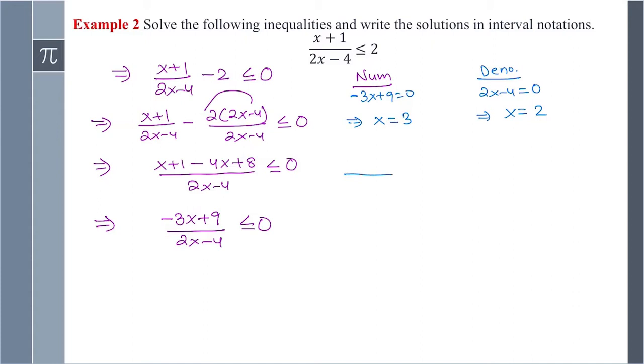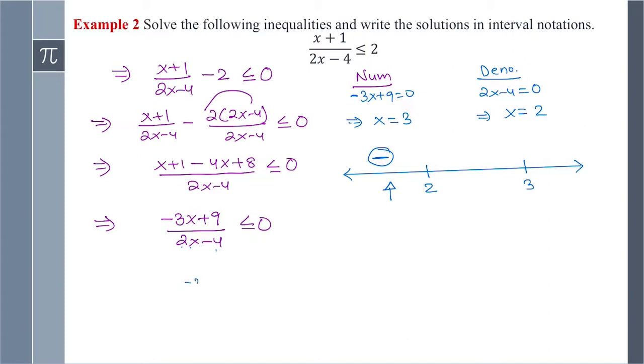So let's go ahead and draw the number line, and then we have 2 and we have 3. Now let's go ahead and pick a number from the left region. We can just pick 0. If we put 0 in, negative 3 times 0 is 0, 2 times 0 is 0, so we get 9 over negative 4, which means we get a negative number here. Then between 2 and 3 we can pick 2.5.